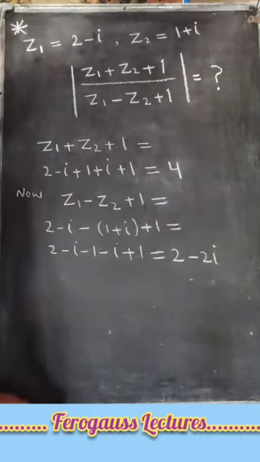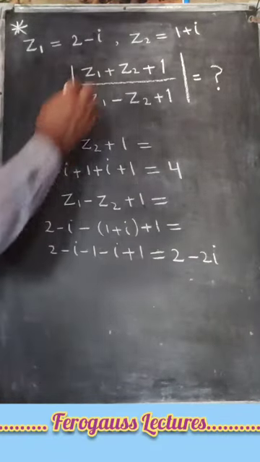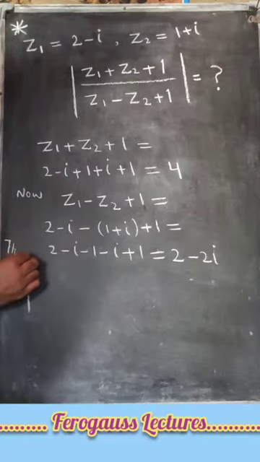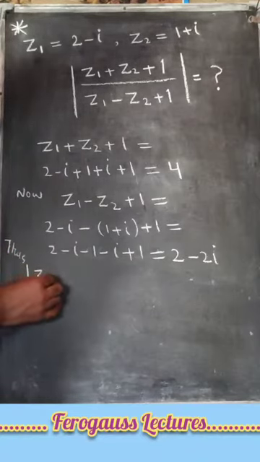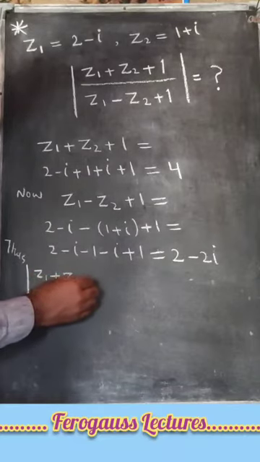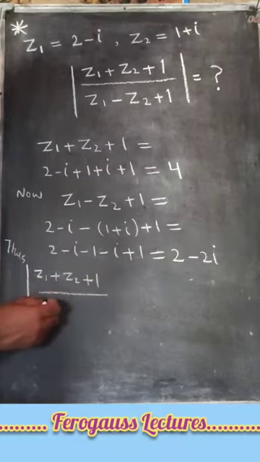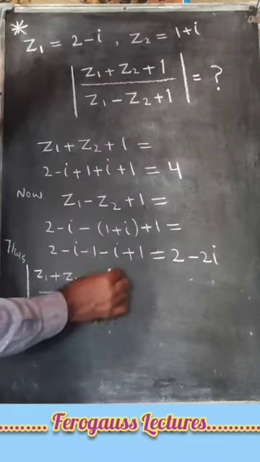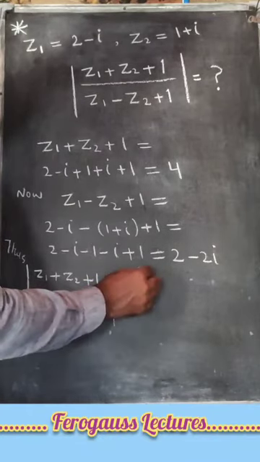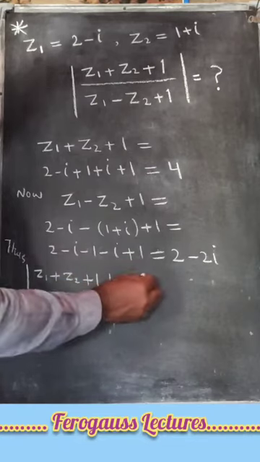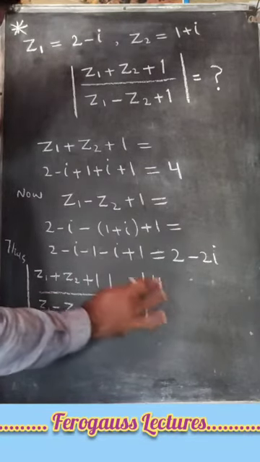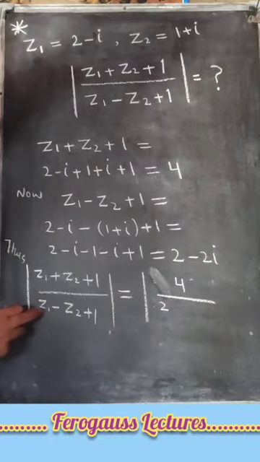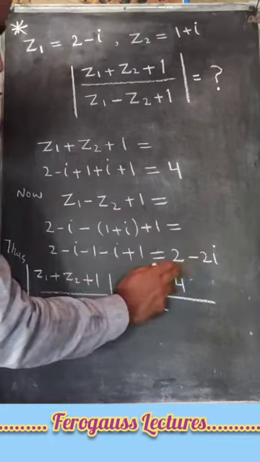Okay, so thus we can write the modulus of Z1 plus Z2 plus 1 divided by Z1 minus Z2 plus 1 is equal to, instead of Z1 plus Z2 plus 1 we have 4, it is 4 divided by, instead of Z1 minus Z2 plus 1 we can write 2 minus 2 iota.